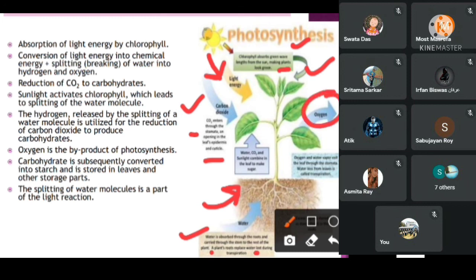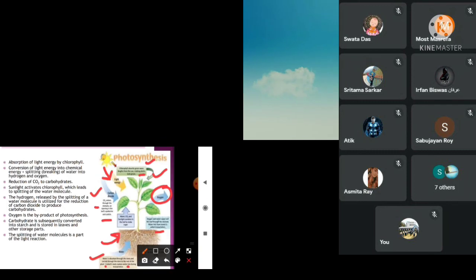So oxygen and water vapor will exit the leaf through the stomata again, and water loss from the leaves is called transpiration. So this water loss means the excess water which is not used by the plants at the time of photosynthesis will go outside from the plant as water vapor. So this is the water loss from leaves, and this process is known as transpiration.